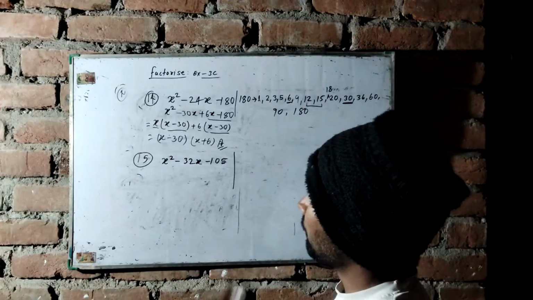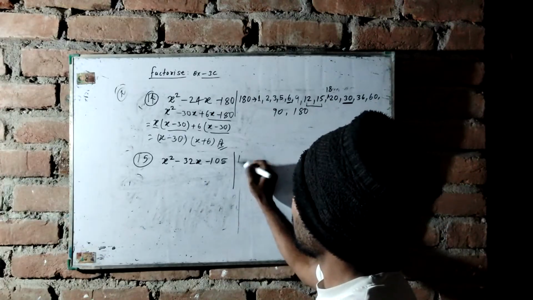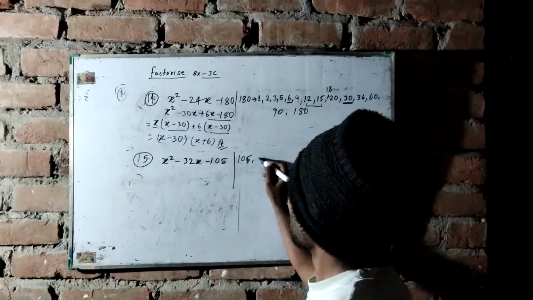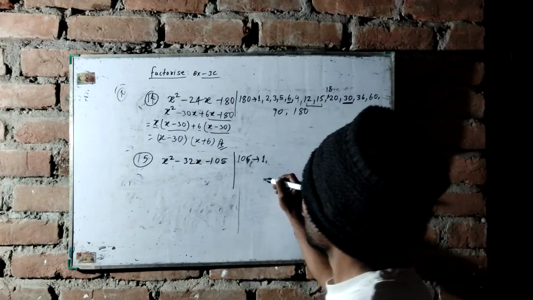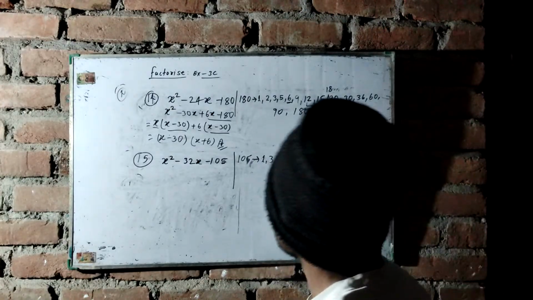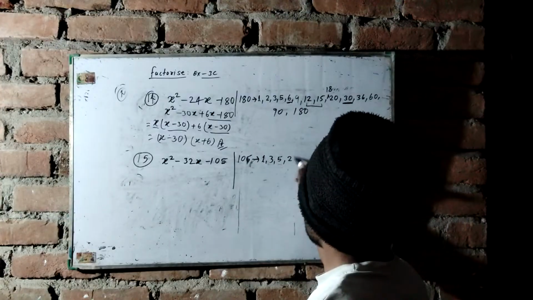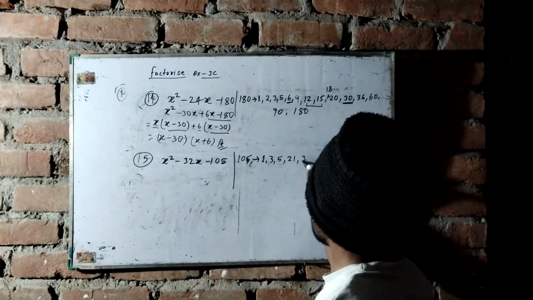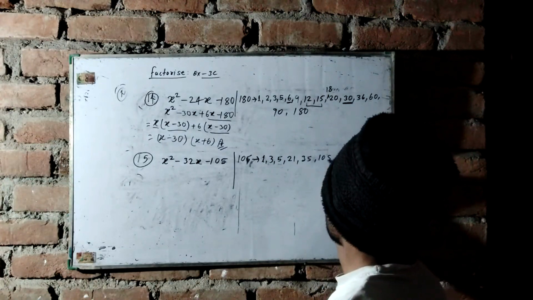So first of all, we have to write all factors of 105. 1, 3, 5, 21, 35, and 105.